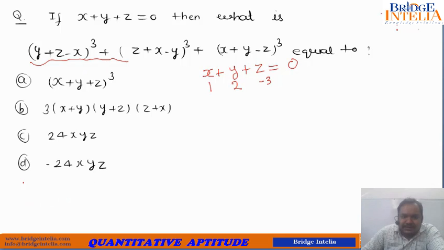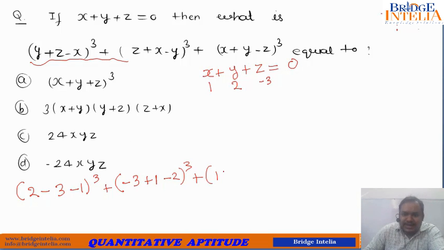So y plus z, so y is equal to 2, z is equal to minus 3, minus 1 whole cube. I am just substituting in the given expression. So z plus x, z is equal to minus 3, x is equal to 1, y is equal to 2, plus x plus y minus z, so minus minus plus whole cube.